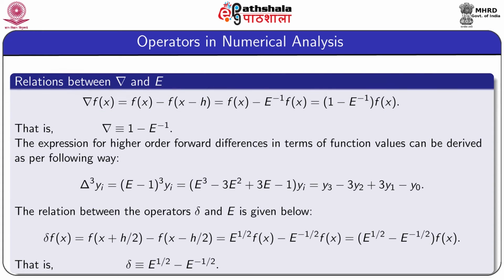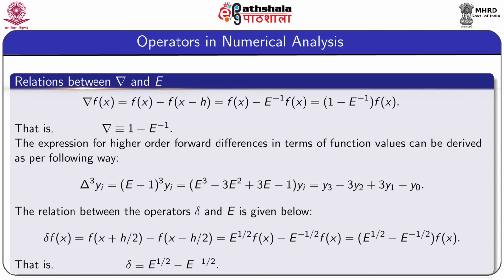That means nabla is equivalent to 1 minus E^(-1), or we can also write E^(-1) equals 1 minus nabla. So, this is the relation between the backward difference operator and the shift operator.